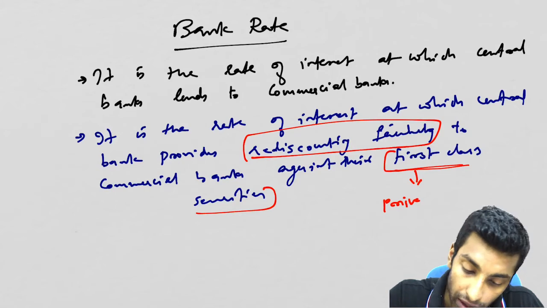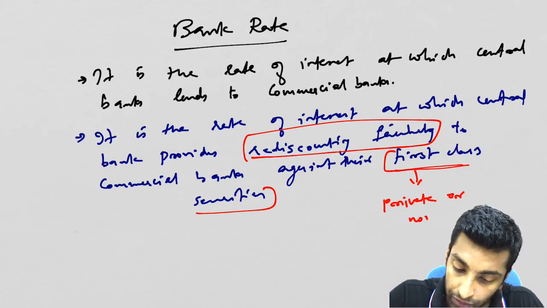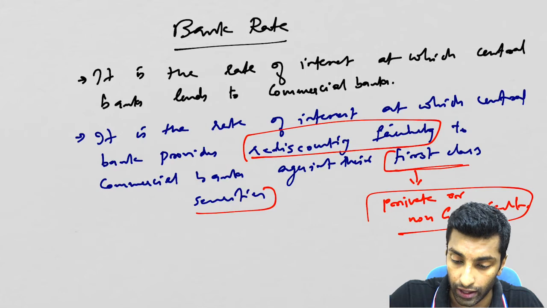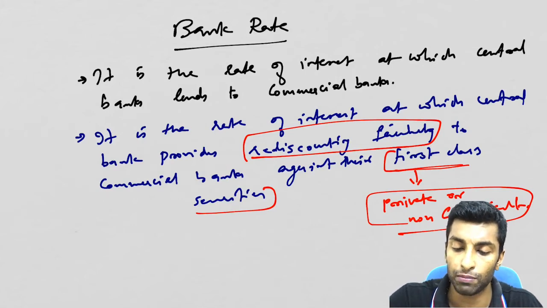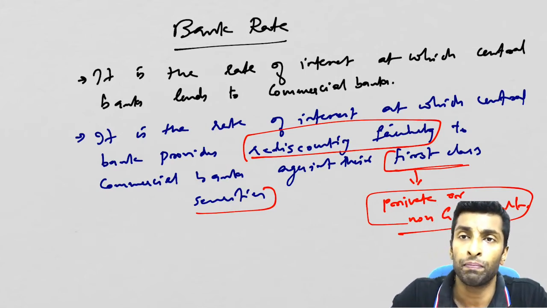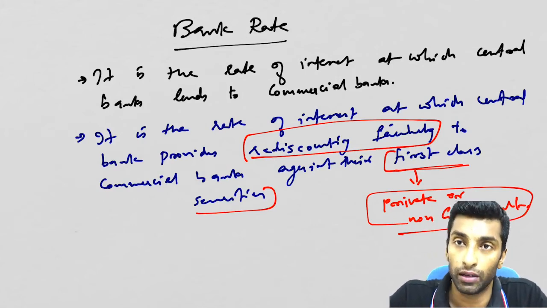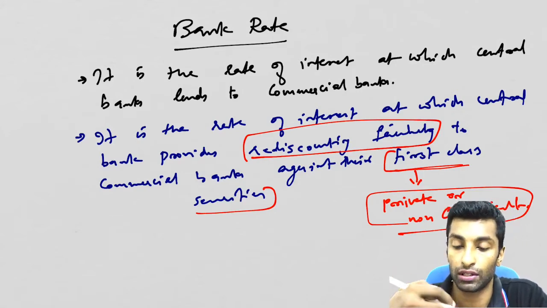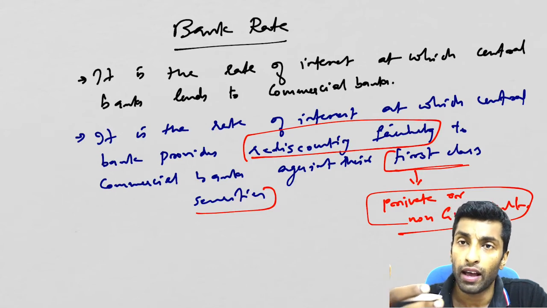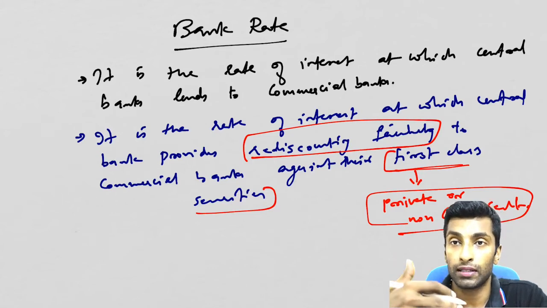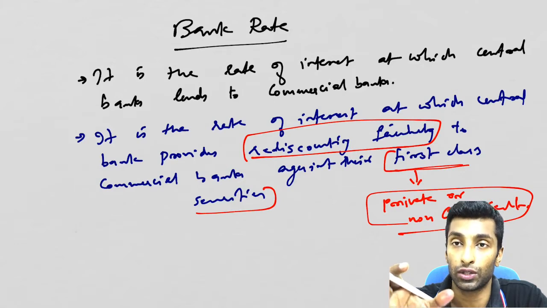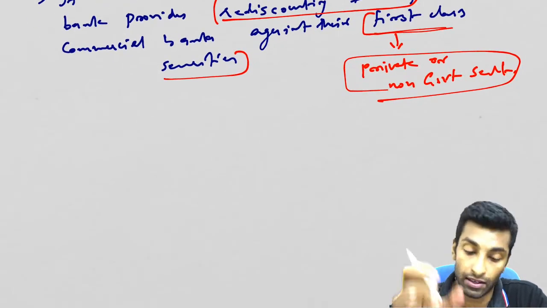So just like banks buy the government securities, banks will also purchase some non-government securities, and now banks can pledge these first class securities. Banks can borrow from the central bank, and in bank rate these first class securities are what is actually pledged in the central bank.